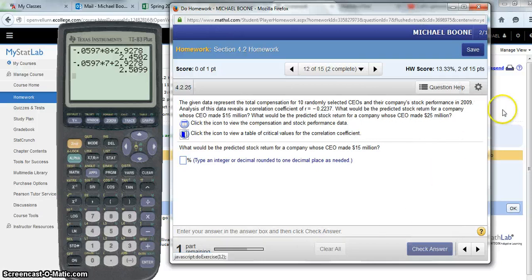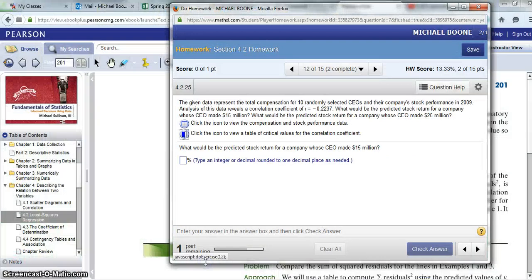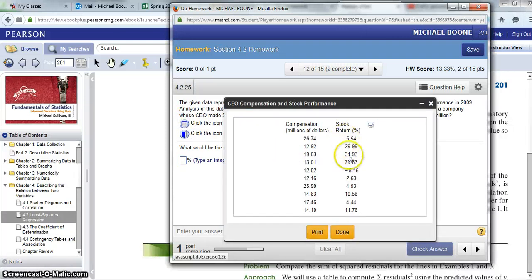So what does the book say to do in this case? When there's no linear relationship, to predict a value, we just use the average of our y values if we want to predict the response variable. So on this particular problem, if I want to predict the return, instead of looking at my regression, I would just look at the average of my y's.